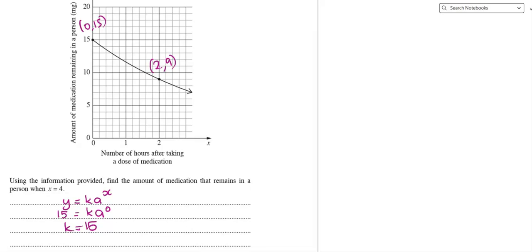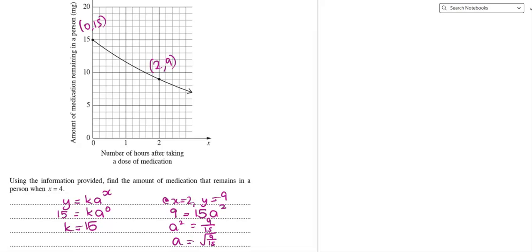We also need it to go through (2, 9). So we know at x equals 2, y equals 9. So 9 equals, now I just worked out that k is 15, 15a squared. So a squared equals 9 on 15, and a is the square root of 9 on 15.